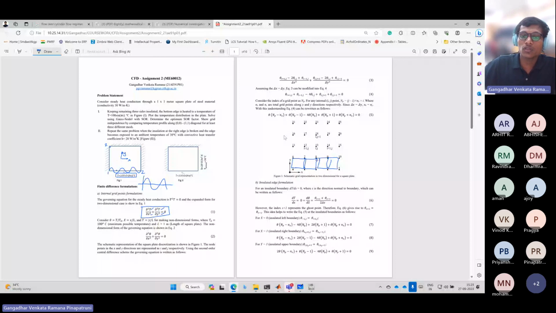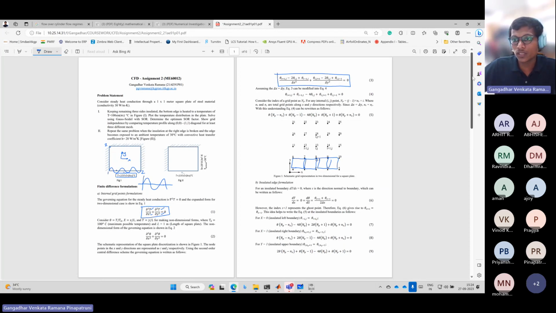Now you can see these are partial differential equations, ∂²T/∂x². Earlier I gave you the differential d²x/dt². Here the partial differential equation is two-dimensional, with ∂²T/∂x² and ∂²T/∂y². To solve the equations, I first converted them into the form you can see, the Taylor series expansion.